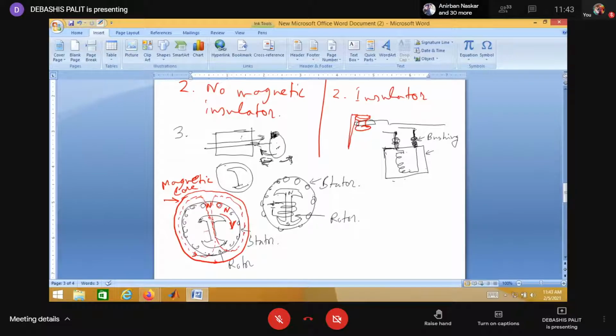So, induced magnetic field and actual magnetic field: if the actual magnetic field is N, the induced magnetic field is S. So flux originates from the N and terminates at the S. So it will drive the rotor in the same direction as the rotating magnetic field, so that the flux travels in a low reluctance path. That is called the reluctance motor. So that is the principle of the reluctance motor.